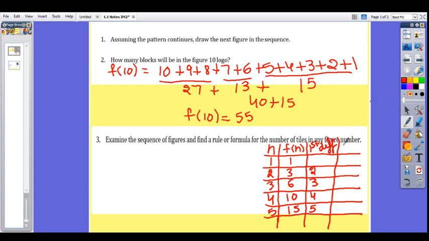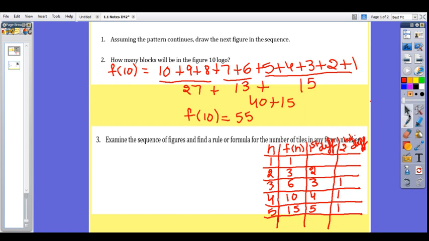But now let's find out what their second difference is. Okay, so we will do 3 take away 2, so we get 1. 4 take away 3, we get 1. 5 take away 4, we get 1.